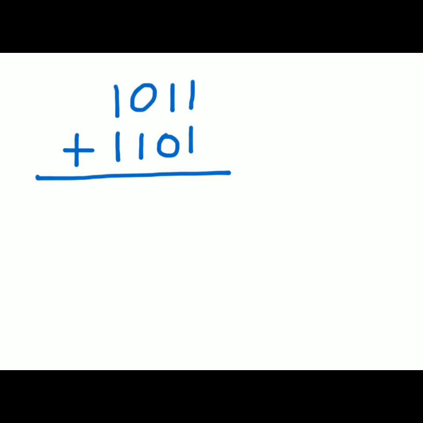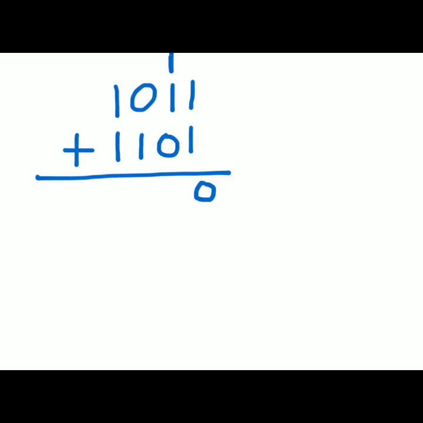Now, if you have a column in binary that has two 1s, the result is always going to be that you will carry a 1 to the next column over and put a 0 under the column that had two 1s. And then you'll repeat the process going over to the left.